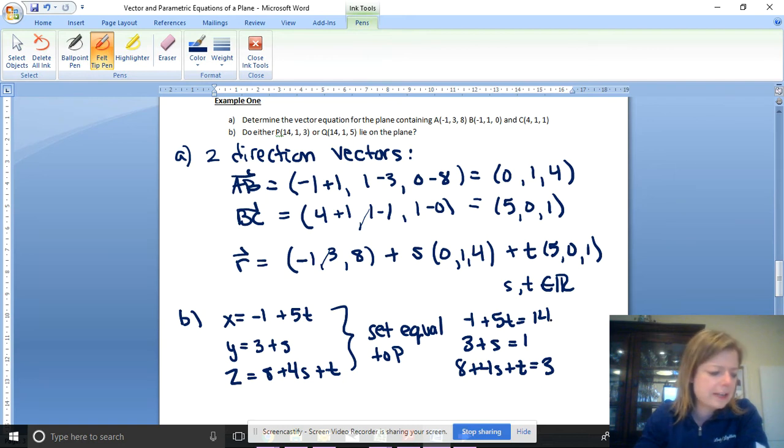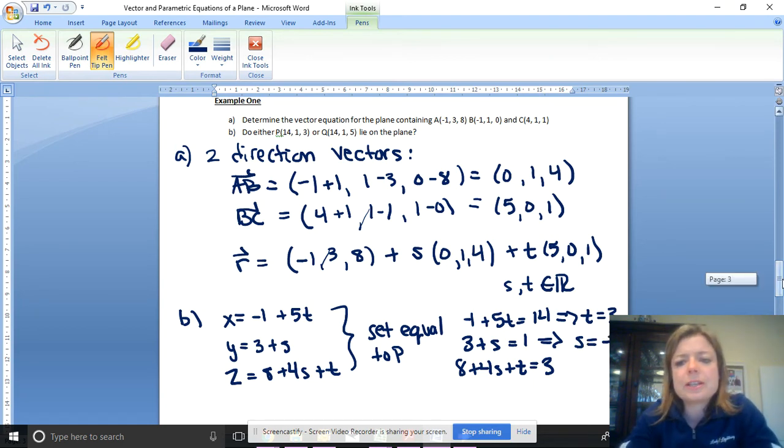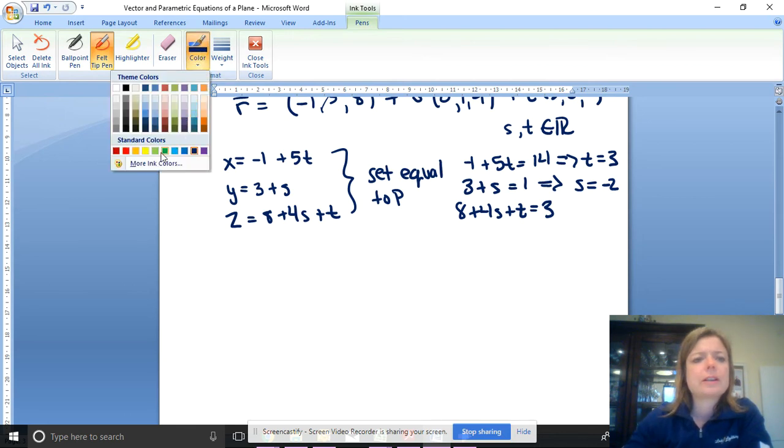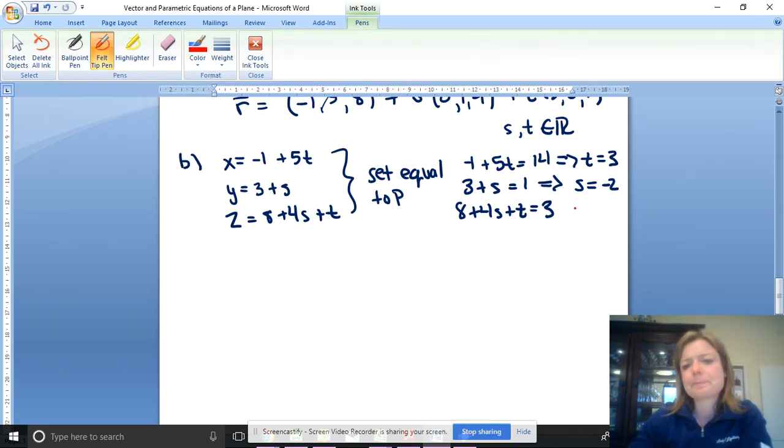So notice that for these two, I can actually solve. In this case, I can solve that T equals 3. And in this case, I can solve that S is equal to -2. So the question now is, if I put in a T of 3 and an S of -2 into the Z parametric equation, will left side equal right side? So I'll change the color here and add that commentary.